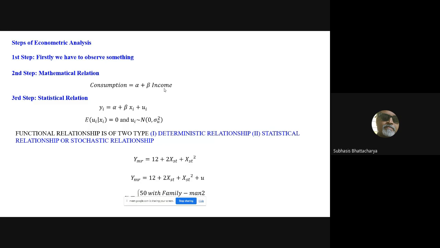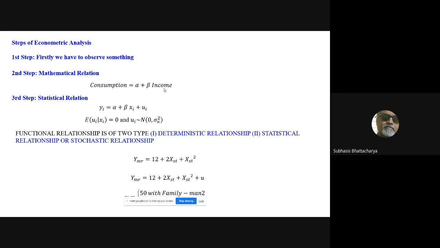That means the mean value of all stochastic errors given the independent variable is 0, that is, the expectation of ui given xi is equal to 0. And ui follows a normal distribution with mean 0 and constant variance sigma square. This is the distributional assumption of the entire analysis.